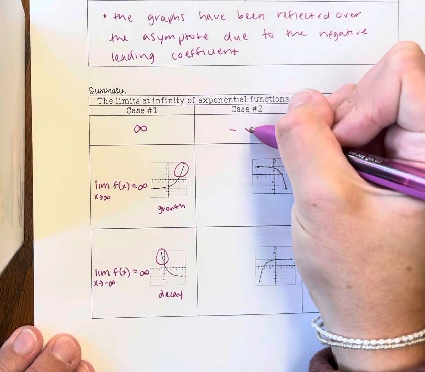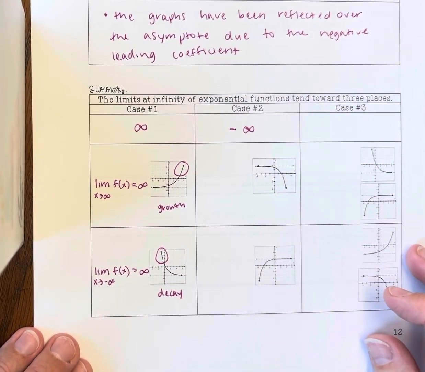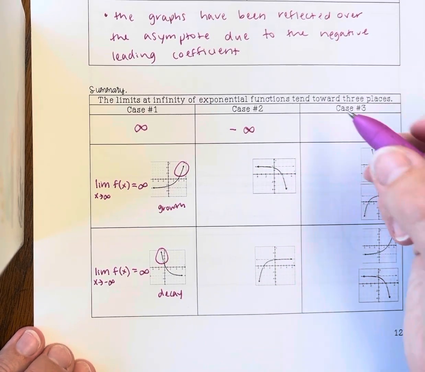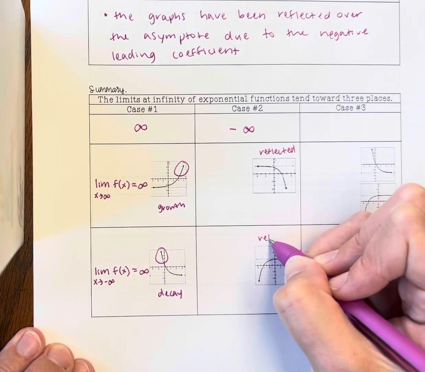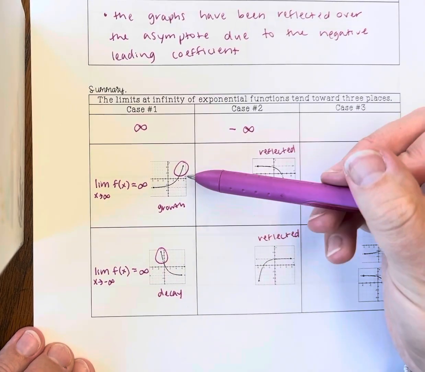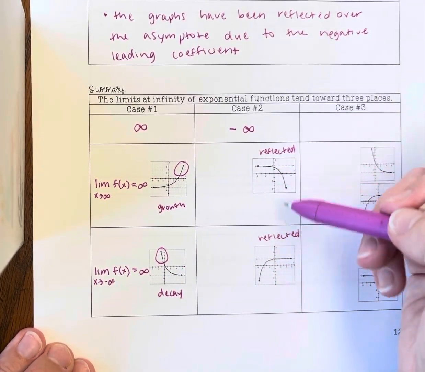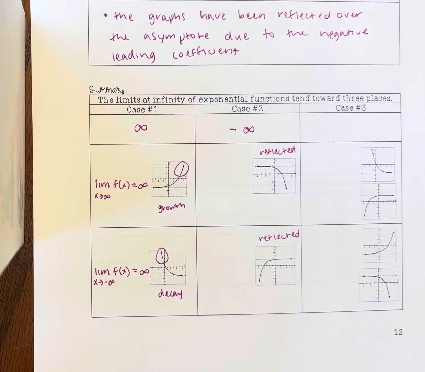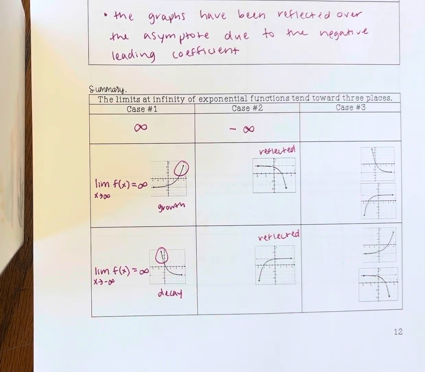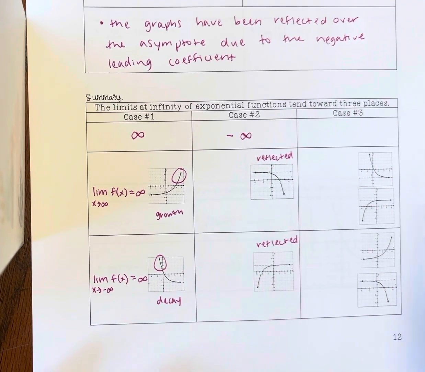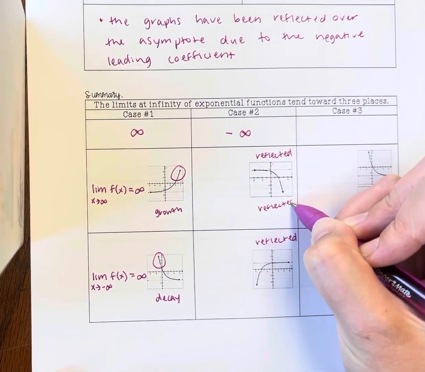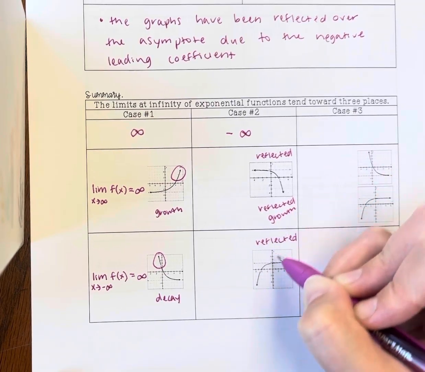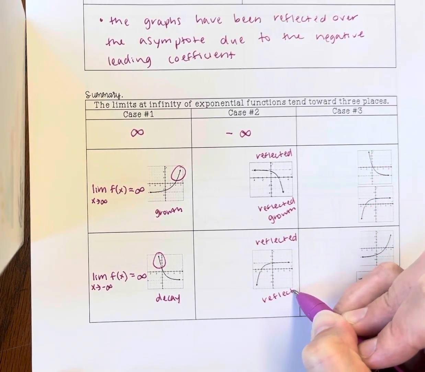The second case would be if you got a negative infinity answer. And that answer is only going to happen if you have a reflected graph. Otherwise, your graphs are going to look like this. So if you happen to have a reflected graph, it's possible that your answer could be negative infinity. So this is technically a reflected growth graph, and this is a reflected decay graph.